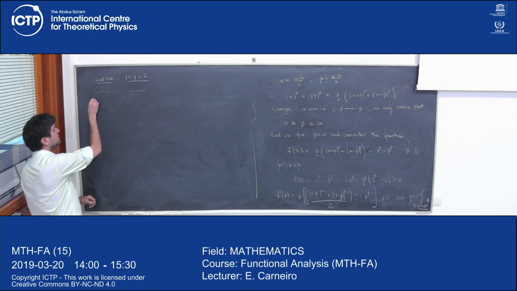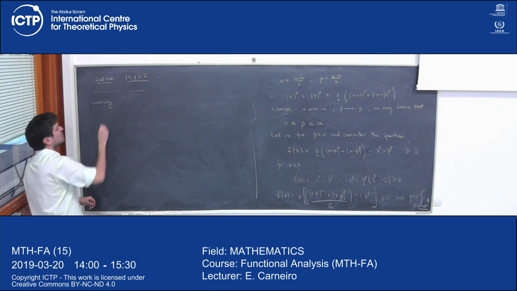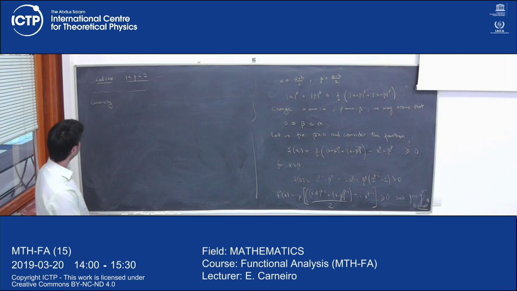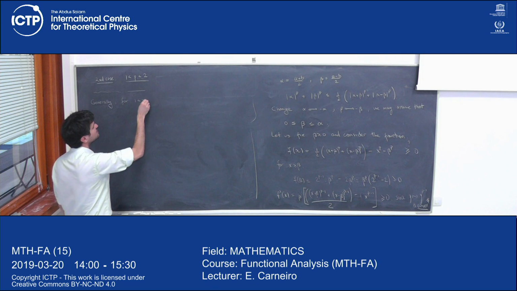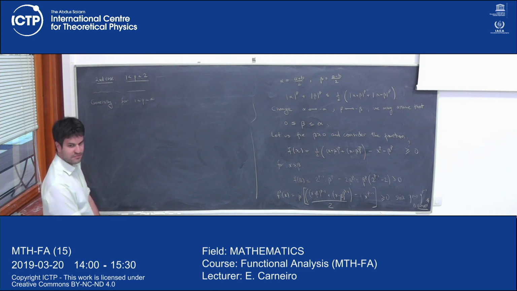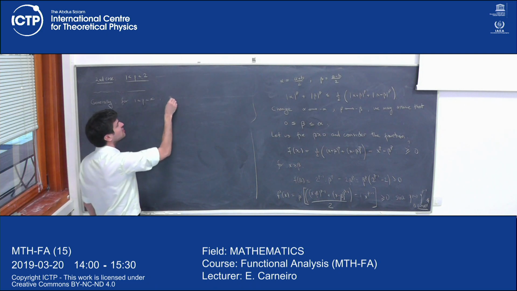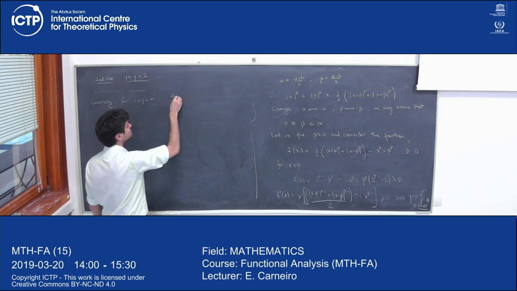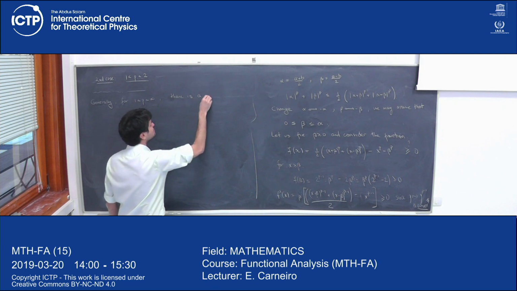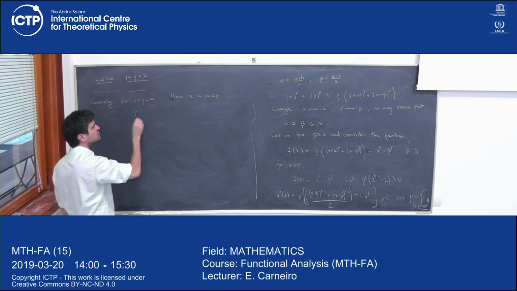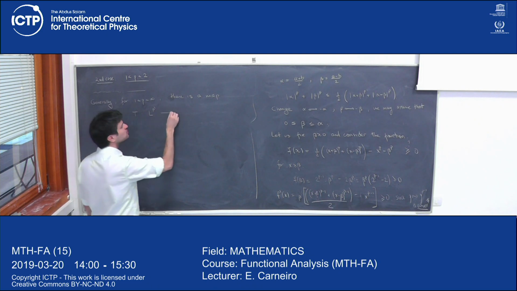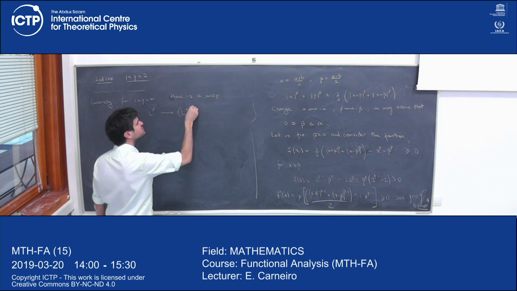Now, generally, for 1 less than p less than infinity, there is a map which we're going to call T that goes from LP prime to the dual of LP.